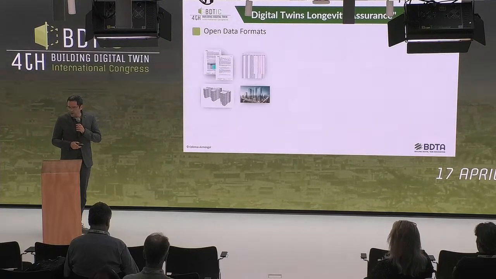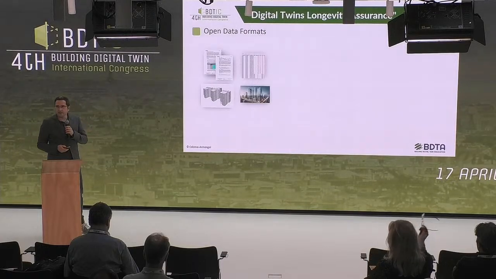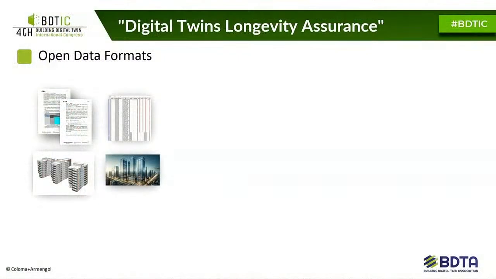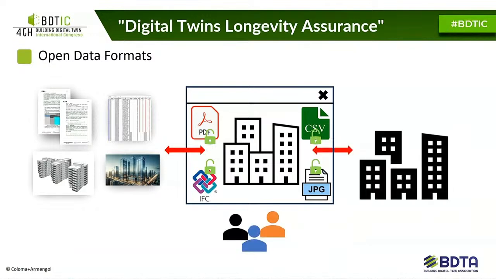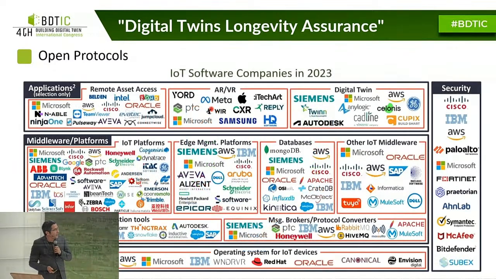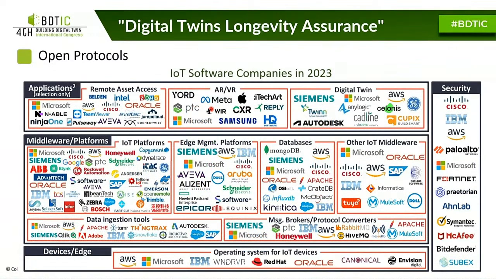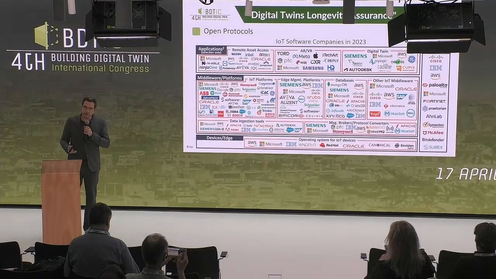The first step will be to convert these kinds of documents, or to use them directly, and put them in the platform using only open data formats, in order to have accessibility to the digital twin of the building, and to allow users to access that information along the years. Another challenge is to use open protocols. There are more and more protocols and software related to Internet of Things, as you know.